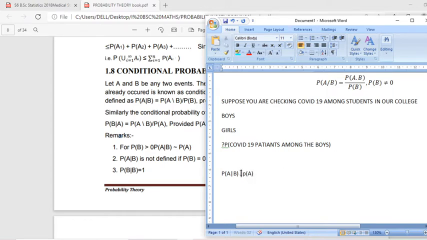So there are two situations. This is the probability of A after occurring B, and this is the probability of A before occurring B.